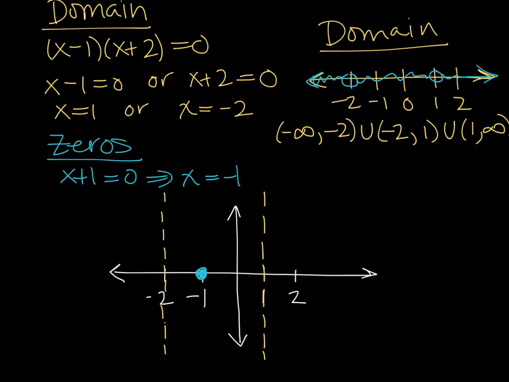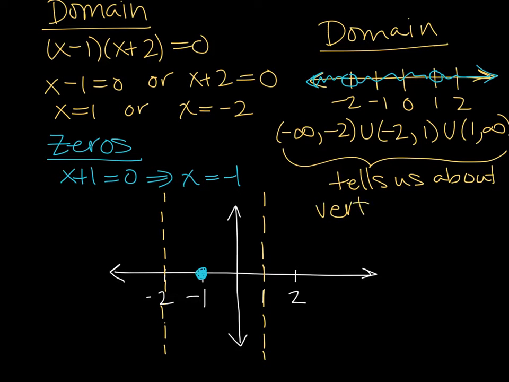Now, of course, we can use other information to graph. We could plot some points. We can find some other information to figure out what this graph looks like. But those are the essential pieces of information we have right now. Again, the domain also tells us about vertical asymptotes.